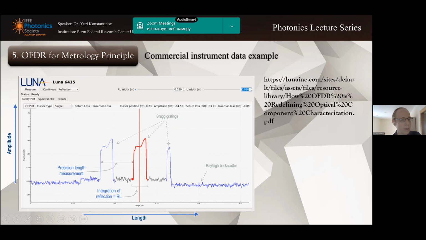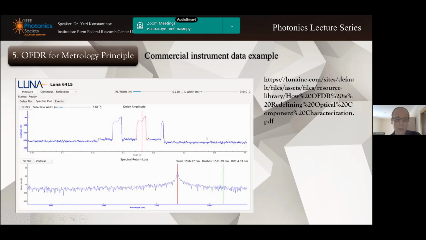We can perform high precision length measurement of every element and the distance between them. And if we put two markers, for example here and here, we can estimate the attenuation within the line and see how the signal changes before and after this installation.